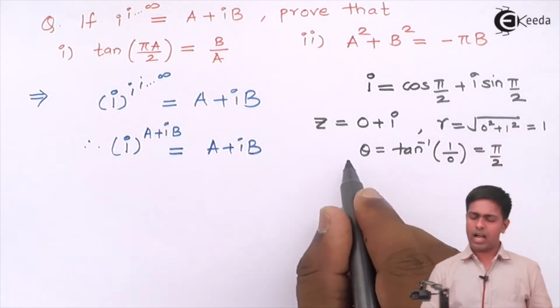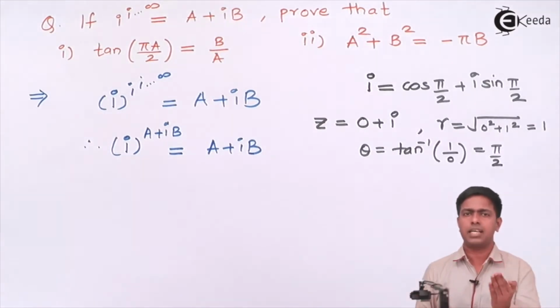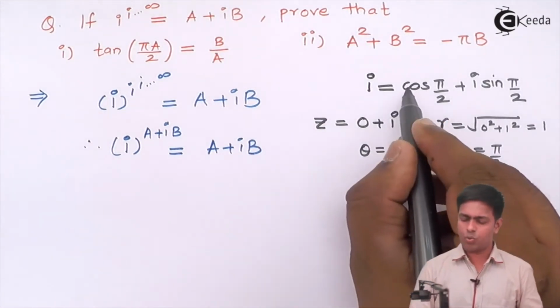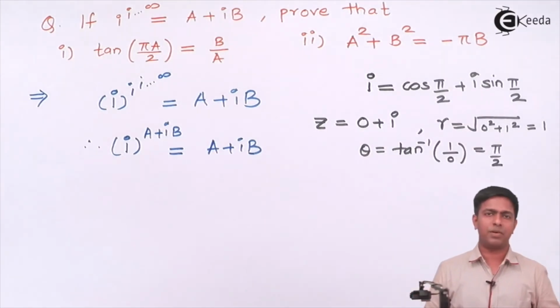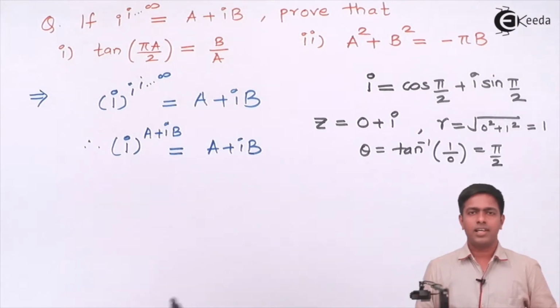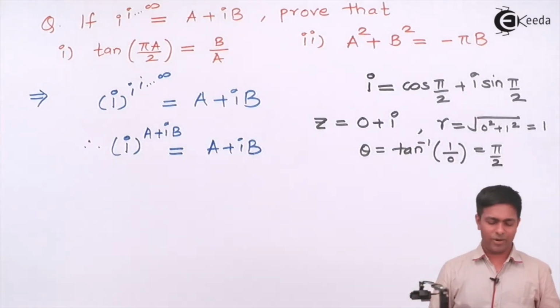So I got r, I got theta, and the polar form is r into cos theta plus i sin theta. So r is 1 and theta is pi by 2, giving cos pi by 2 plus i sin pi by 2. This is how I got it. Now this is the polar form, and I'll convert it into exponential form. The exponential form of this is e raised to i pi by 2. So let's put that value over here.